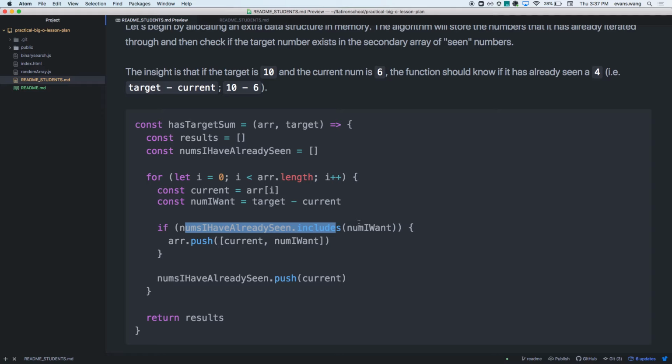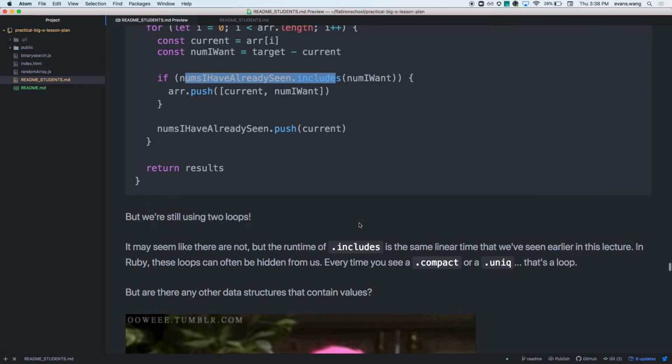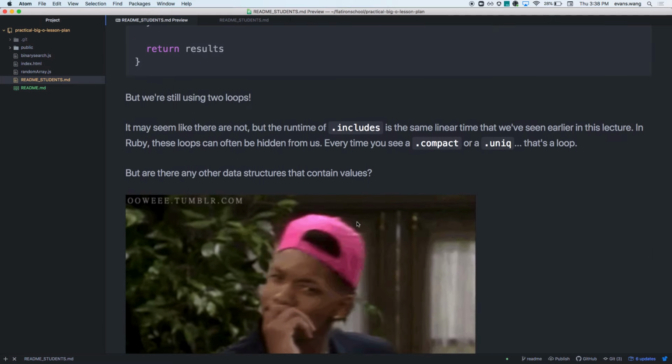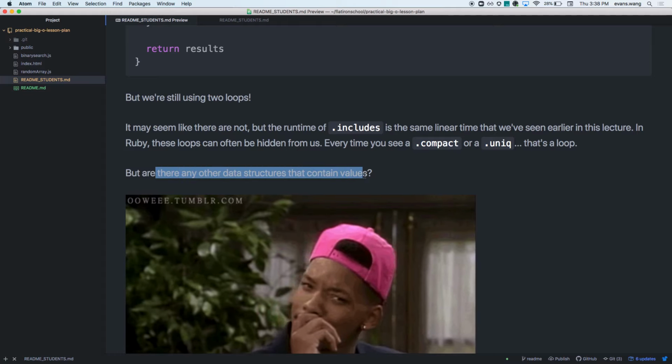So when you see things like includes, find, each, it can sometimes be tricky to calculate because it's a very hidden iterator. Not like when you see a nested for loop, where you can see there are 2 iterations and know immediately it's quadratic. So let's think through. Are there any other data structures that can contain values besides an array?